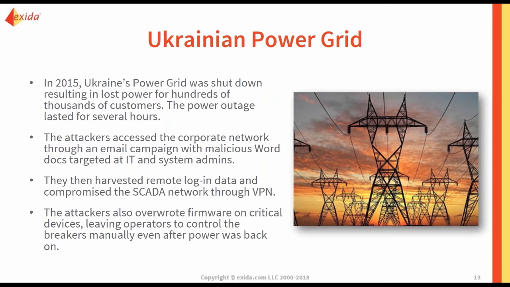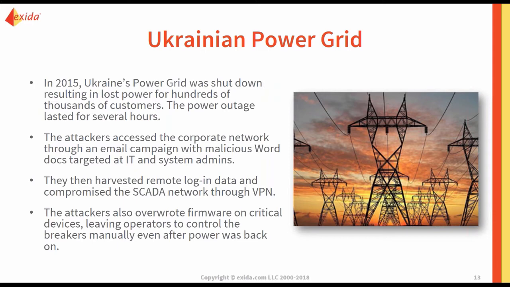Because of some of the countermeasures the Ukraine power grid already had, that wasn't enough to get into the control network. So they harvested remote login data and compromised the SCADA network through a VPN login. Once they were in, the attackers overwrote firmware on the critical devices.